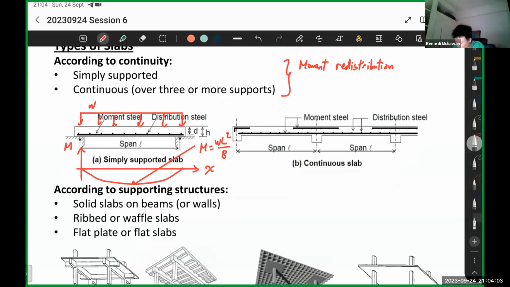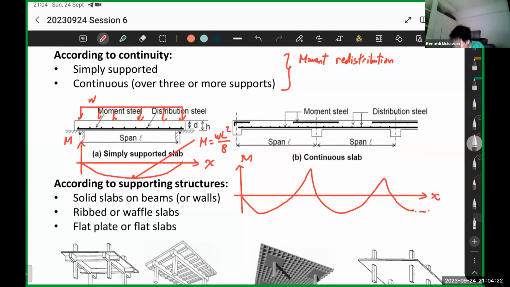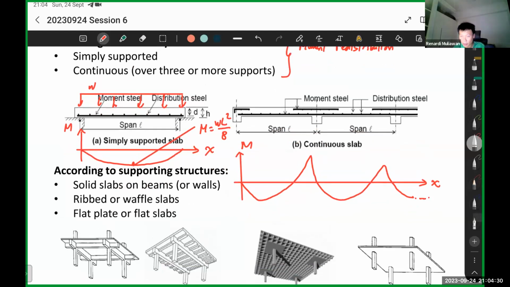For a continuous slab, your bending moment diagram is very similar to the beam. It will be something like this. This is your moment, this is your X. If you notice from the bending moment diagram, if it's a continuous slab, moment redistribution can happen.